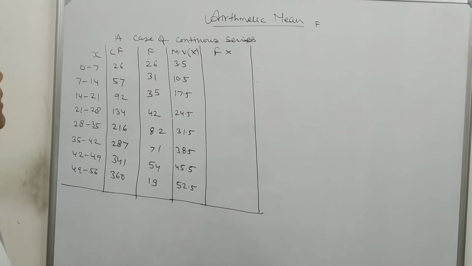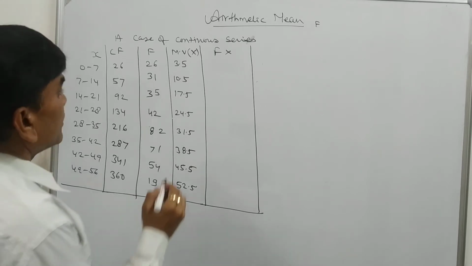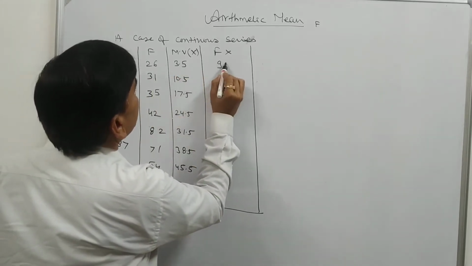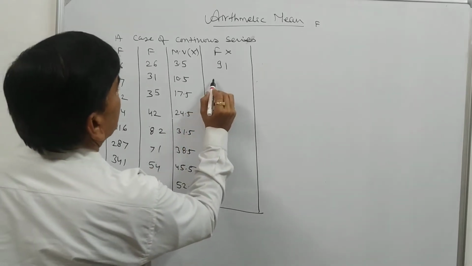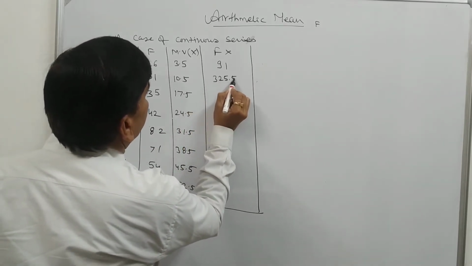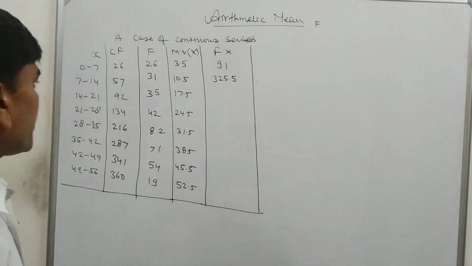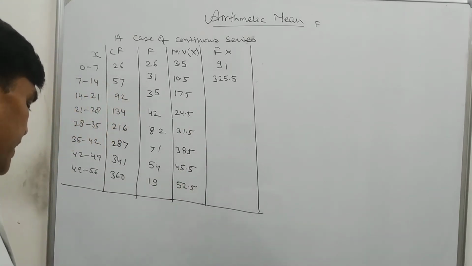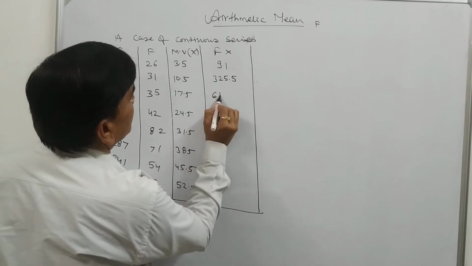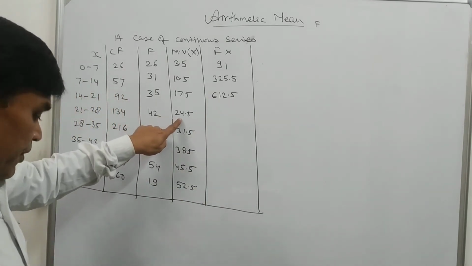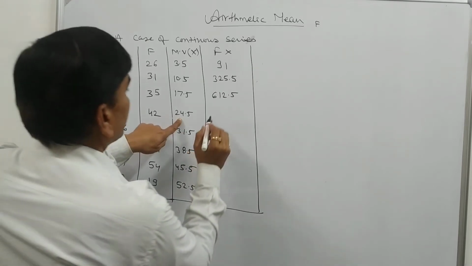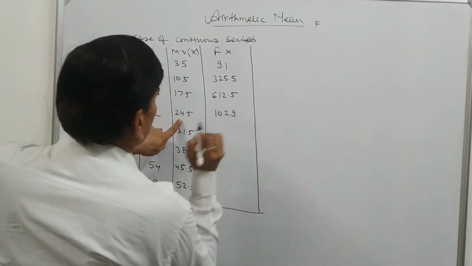26 multiplied by 3.5 is 91. 31 multiplied by 10.5 is 325.5. 35 multiplied by 17.5 is 612.5. Now 42 multiplied by 24.5 is 1029.